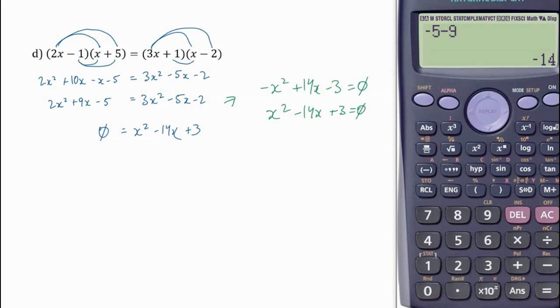Okay. Either way, then I'm doing b squared minus 4ac. And I think in this case, somebody can check this to be sure, but I'm going to do this quickly so that we're done. I believe it works out to 184, so we're doing the quadratic formula again.